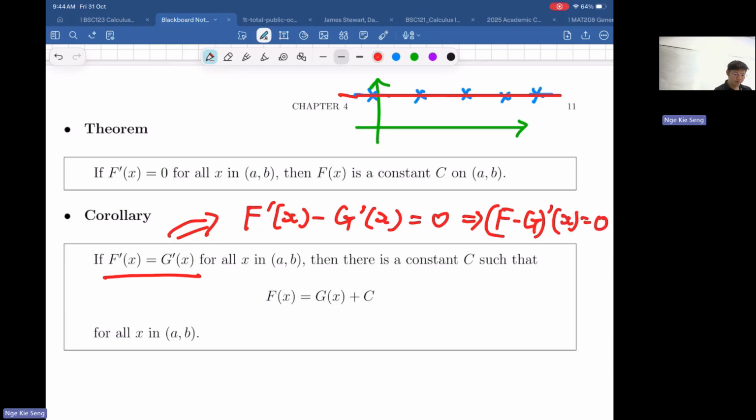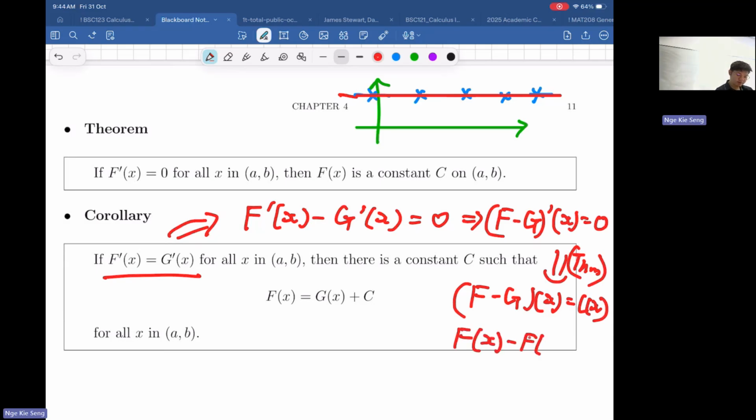Then from the theorem above, we say that f minus g of x is a constant function. So that's why f(x) minus g(x) just differs by a constant. Does it make sense?